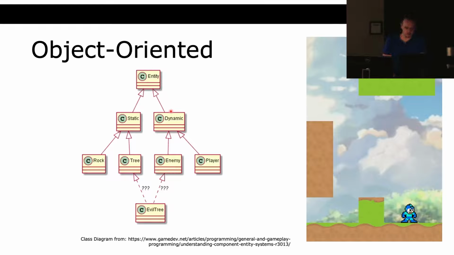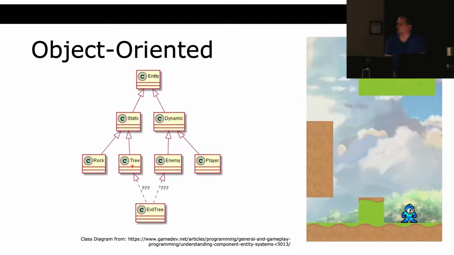So maybe over here you would have the dynamic entities that move around, so they would have something like a velocity, an acceleration, whereas the static ones wouldn't necessarily have velocity or acceleration. So the things that don't move in the game, they would inherit from static, and the things that do move in the game, they would inherit from dynamic.